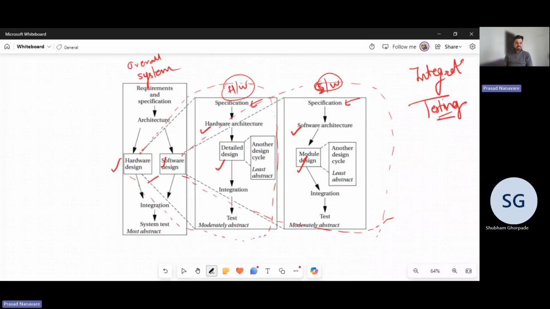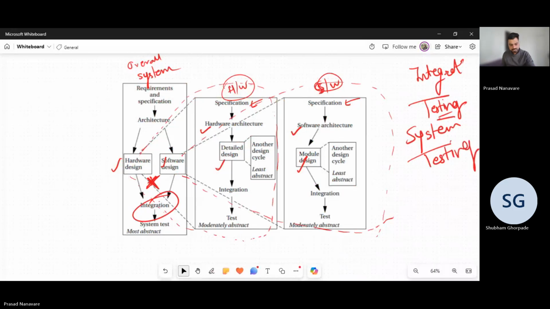Hardware plus software is combined over here, and then this is nothing but integration, and then main system testing happens. So basically this is how the whole design thing works.